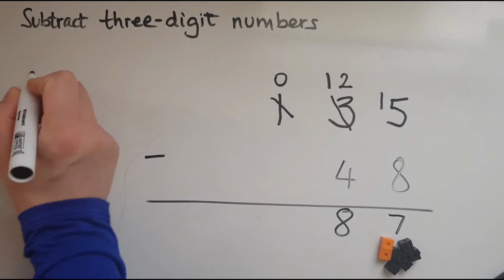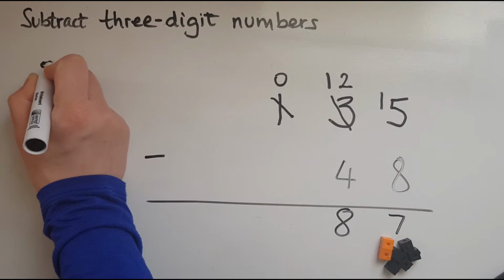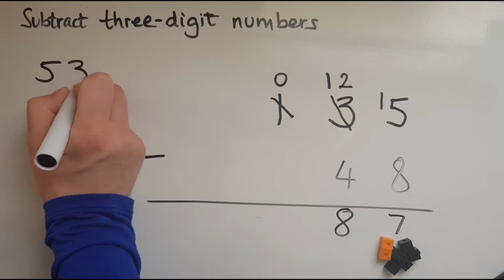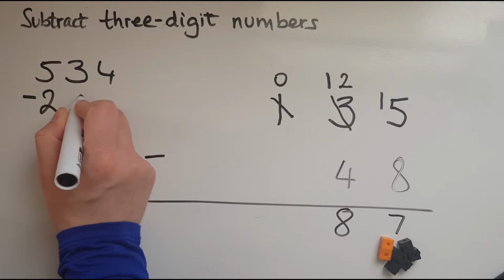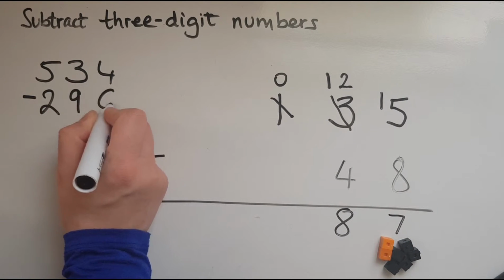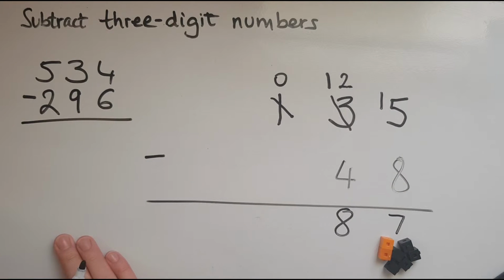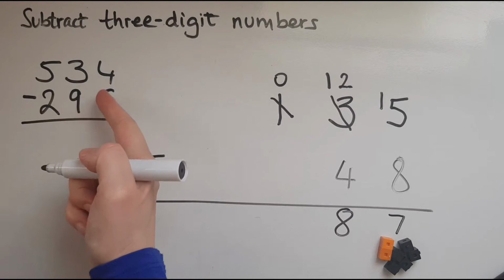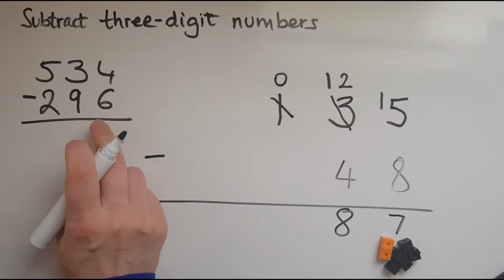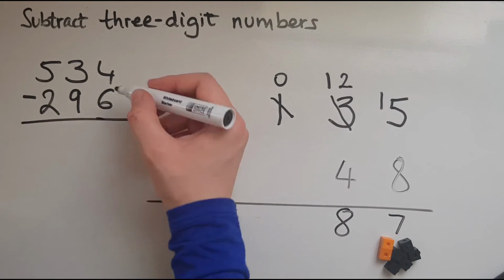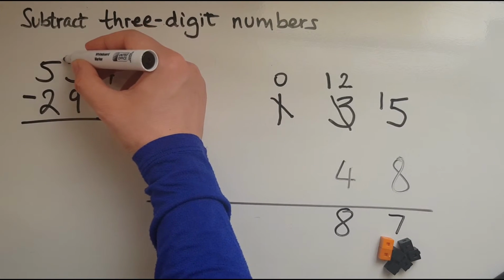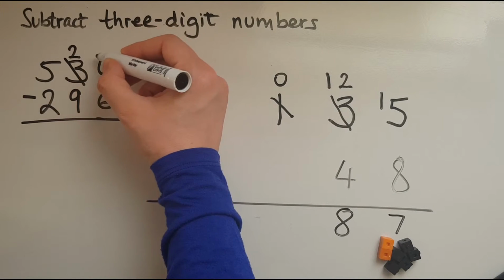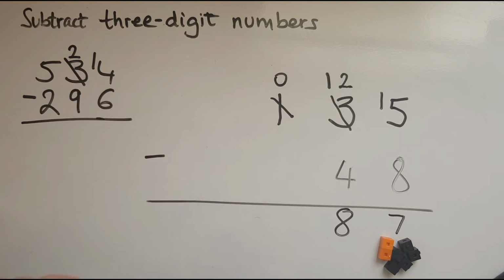So this time around I will do 534 take away 296. Let's start with the units, because as you can see I will need to borrow. The 6 taken away from the 4 we can't do, so I'm going to have to borrow 1 from the 3, make that a 2, and the 4 becomes 14.